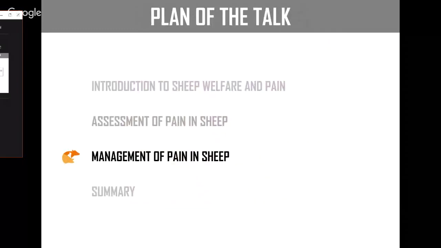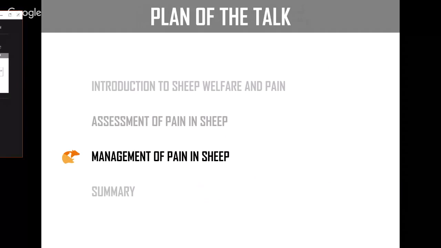Great, so we move now to the third part of the presentation, which is management of pain in sheep. And by management, what I mean is what are the main factors which may modify the intensity of pain in sheep. And in this particular section of the presentation, I will deal only with pain caused by husbandry practices, in particular, castration and tail docking.